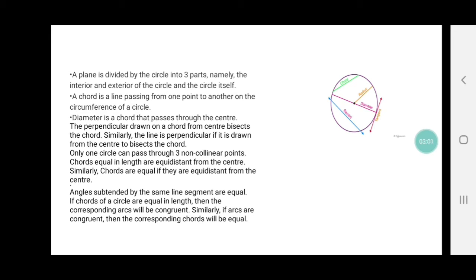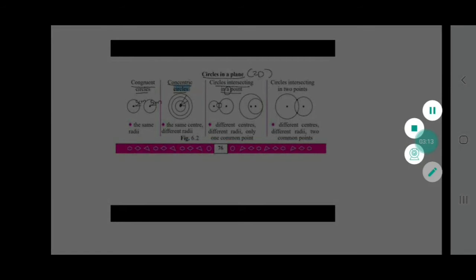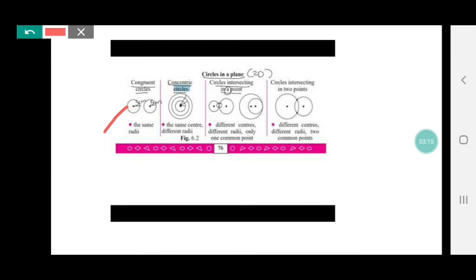Now we move on to the next part. Congruent circles: circles with the same radii are known as congruent circles. Suppose two circles are drawn with radius 5 centimeter, then the two circles are said to be congruent.